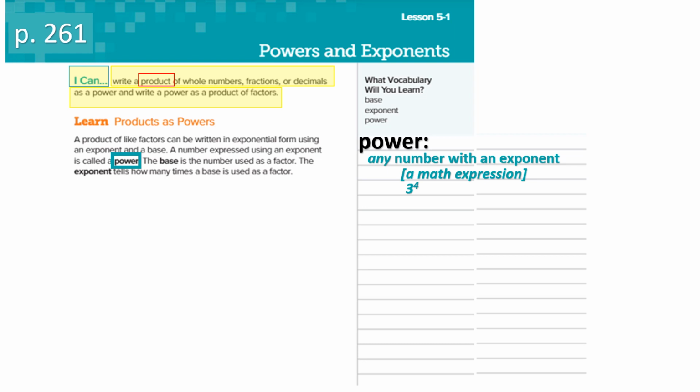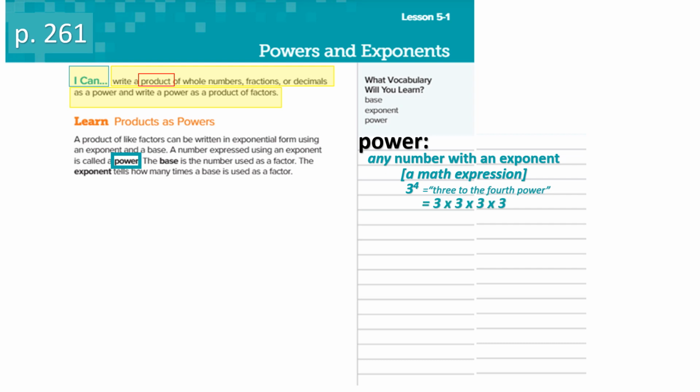So when we have what is called a power, then this is a math expression, and I say this as 3 to the 4th power. So I know that I have some multiplication going on in there, but I have to figure out what that means. Well, what that means is I'm going to take 3 and I'm going to multiply it by itself 4 different times.